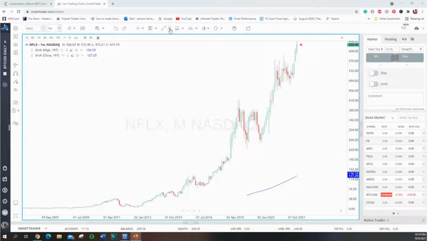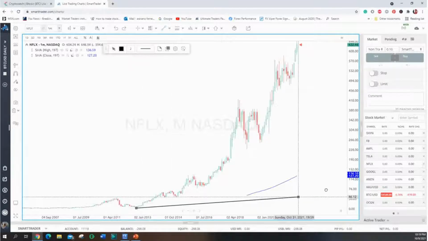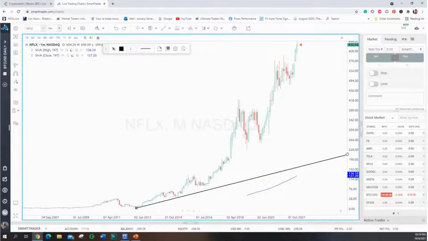But the proper way to do it is take a trend line and try to find the lowest low on the chart, and then do your trend line this way until you hit the most recent live price. So it's this one here.